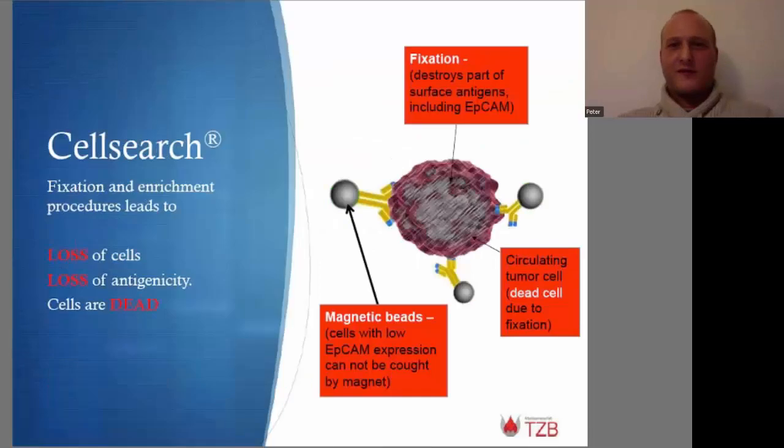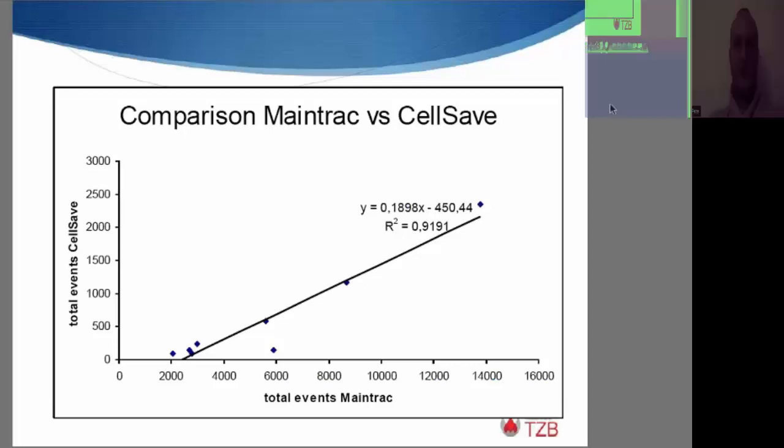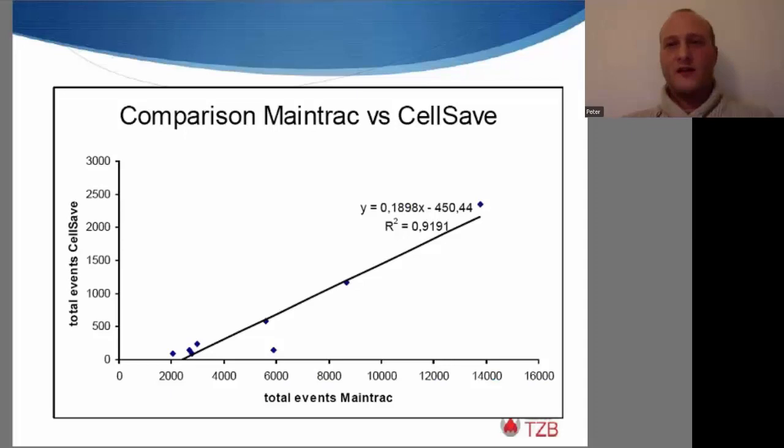This is a short comparison between Maintrack and the CellSearch system. CellSearch tells you if you have 2 or 5 or so tumor cells in the blood, then it's a bad prognosis.